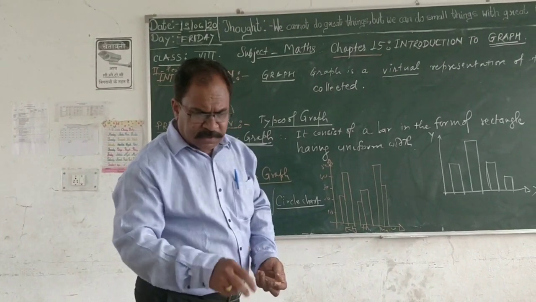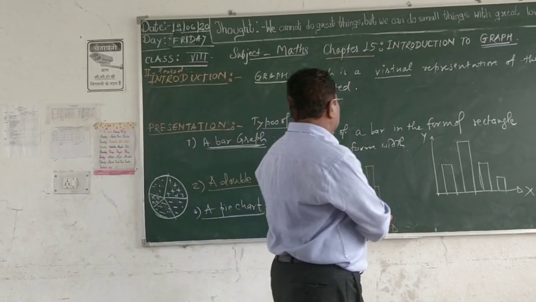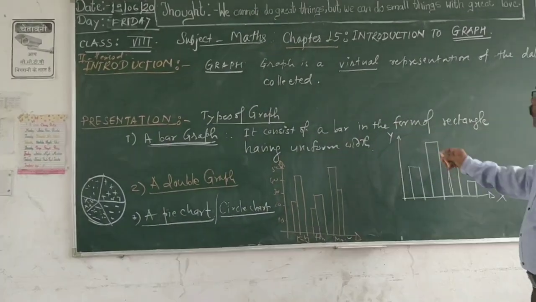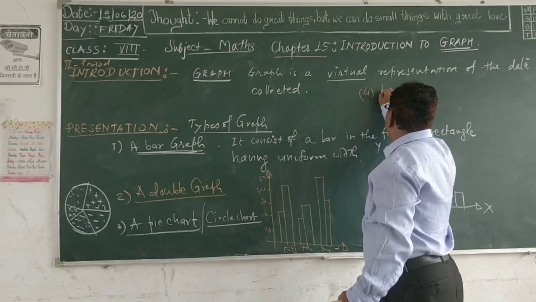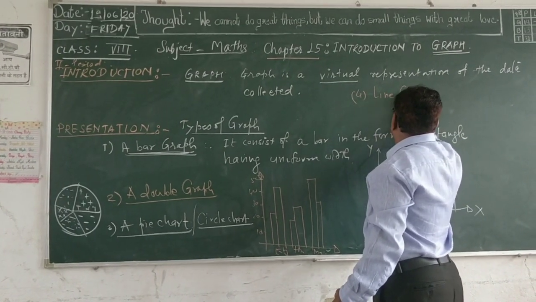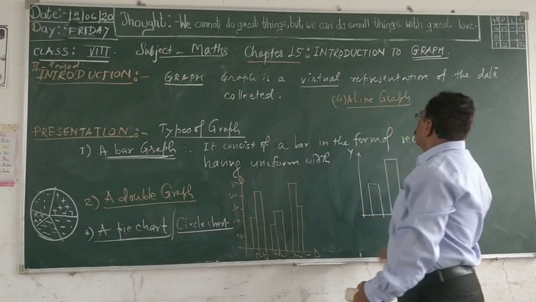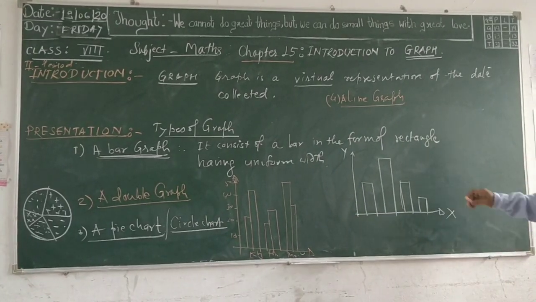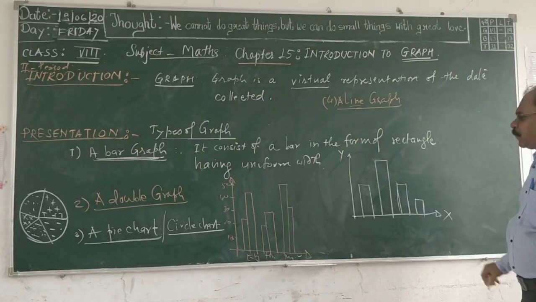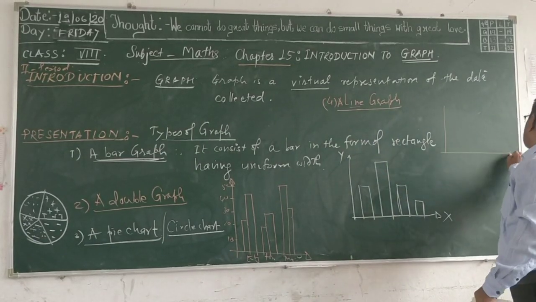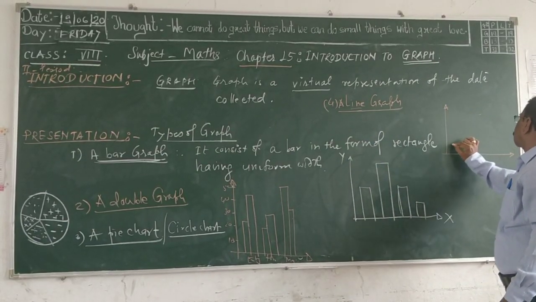Now in this class we have to learn another type of graph, that is a line graph. A line graph means, the name itself explains, the graph itself is a straight line.